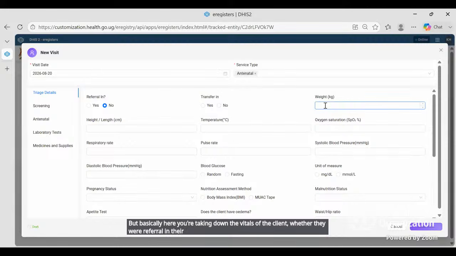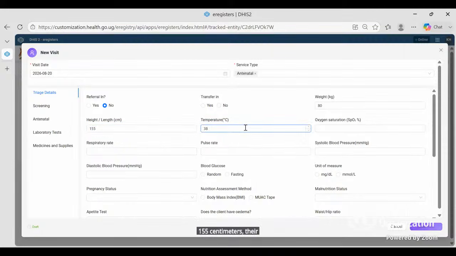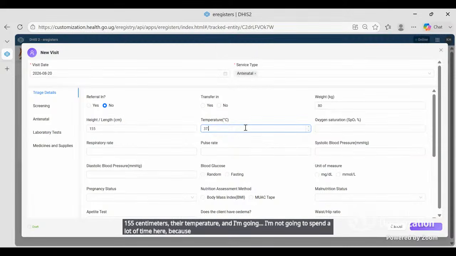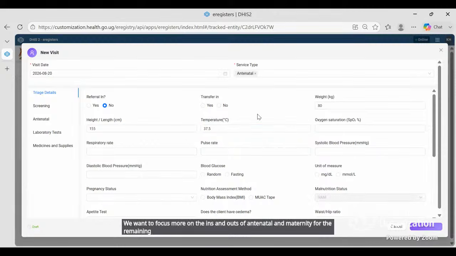I'll assume this mother is 80 kilograms, their height 155 centimeters, their temperature. I'm not going to spend a lot of time here because we want to focus more on the ins and outs of antenatal and maternity for the remaining time that we have on this webinar.